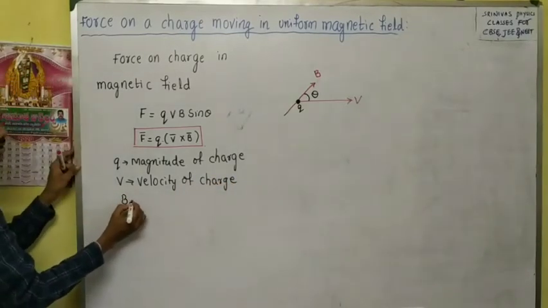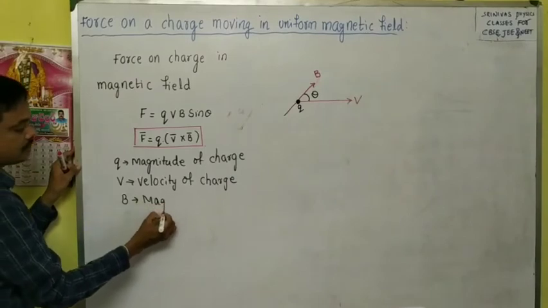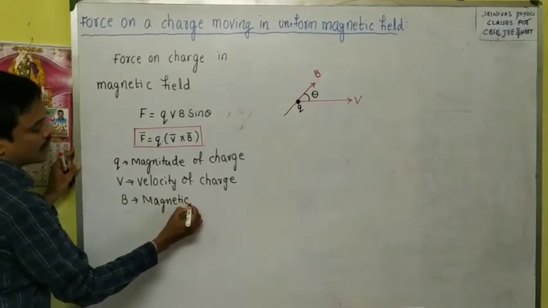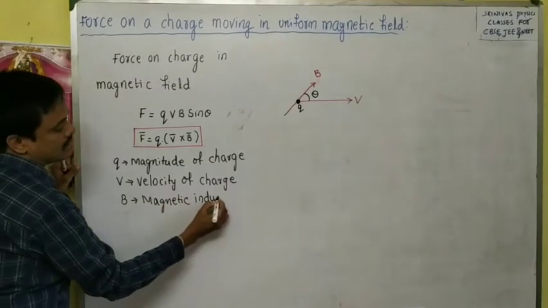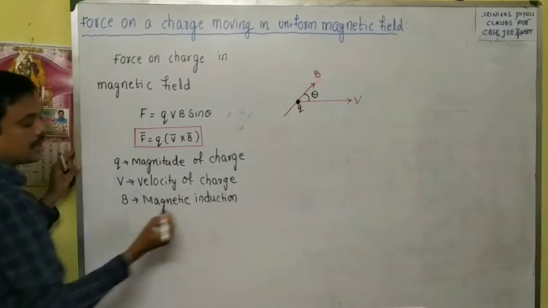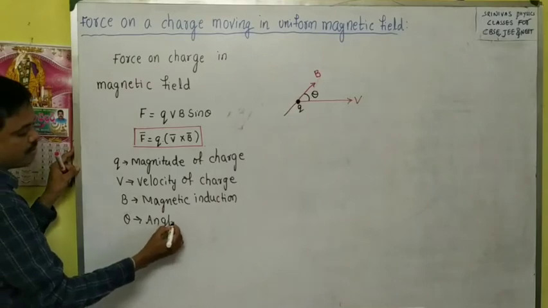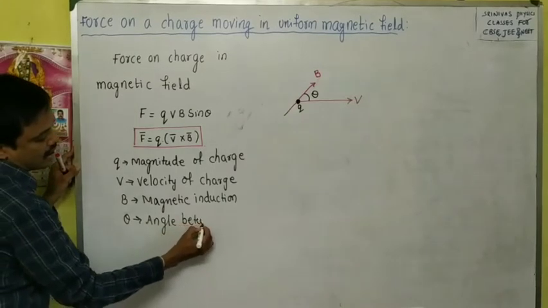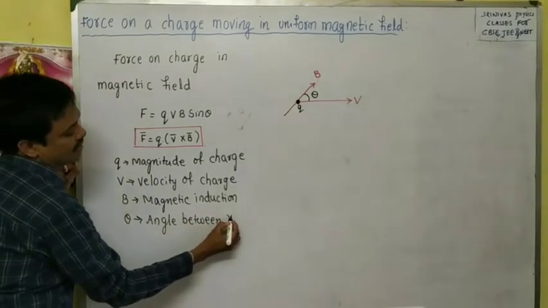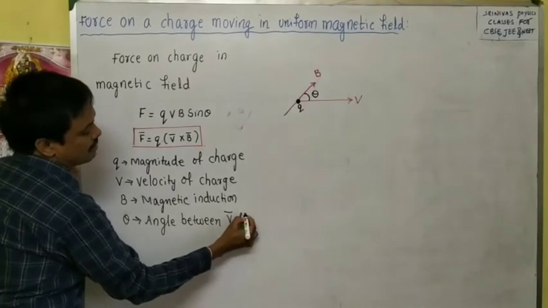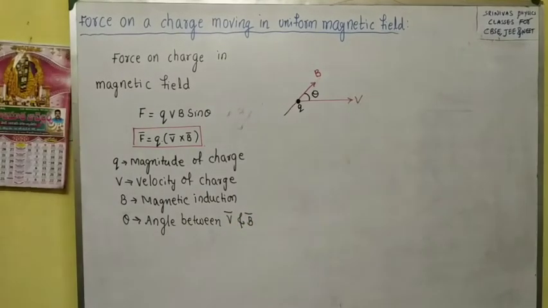B is the magnetic induction. Theta is the angle between v bar and B bar. This is the formula for the force on a charge.